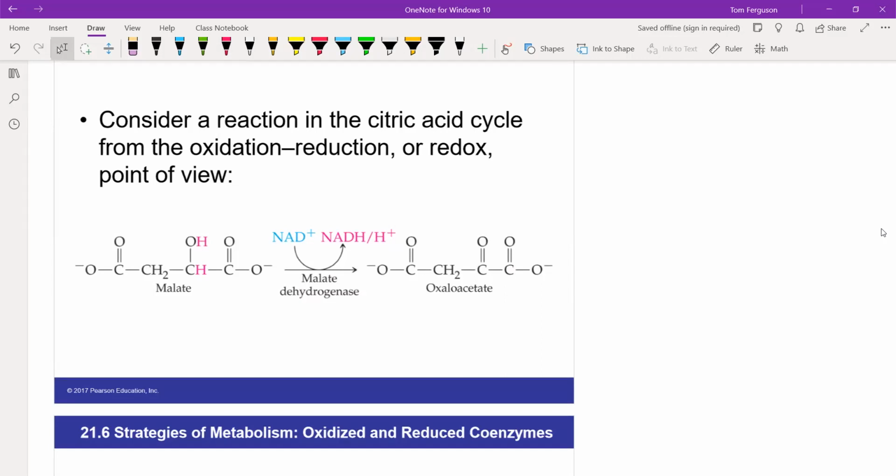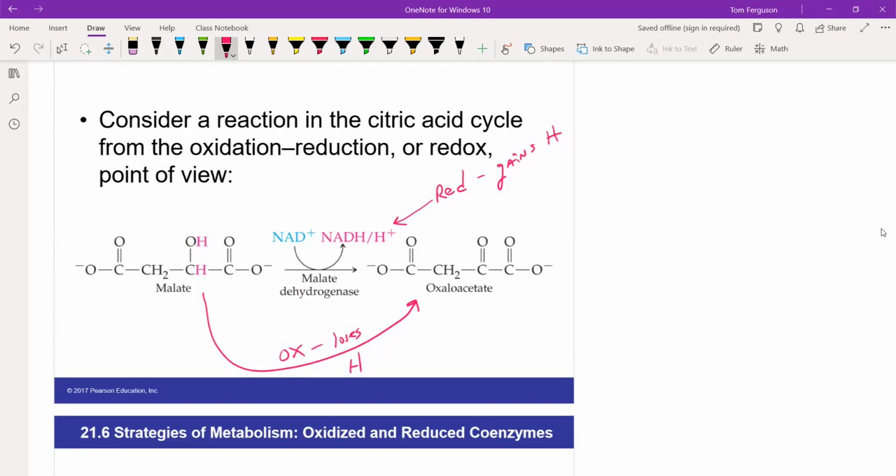Okay, so NAD going to NADH is being reduced. So that means this has to be oxidized. This gains a hydrogen, that means this loses hydrogens.